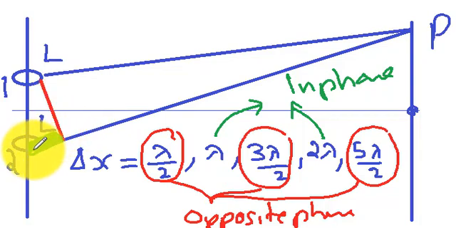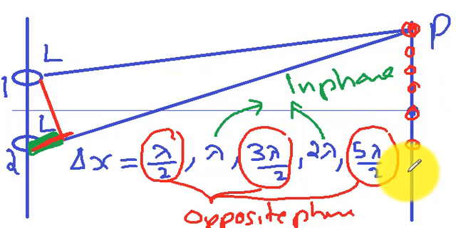Now geometrically, the difference in their path will depend on the point where they are meeting. So you take different points of destination, the path difference will be different.